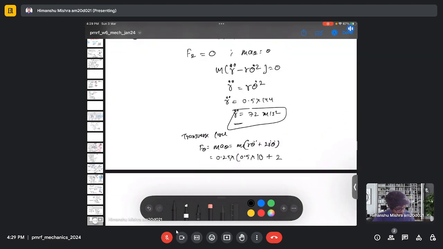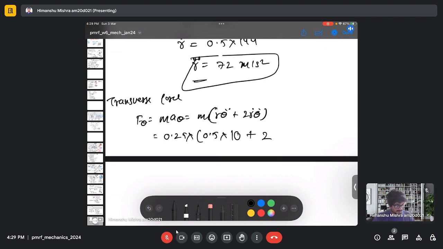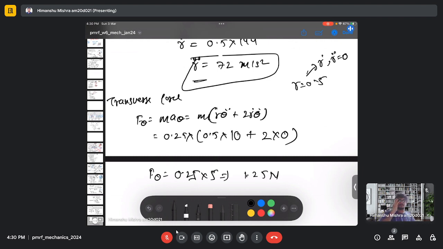My r dot is 0 because it is fixed. My r is 0.5, so my r dot and r double dot will be 0. So it will be 0.25 multiplied by 5. So it is 1.25 Newton.